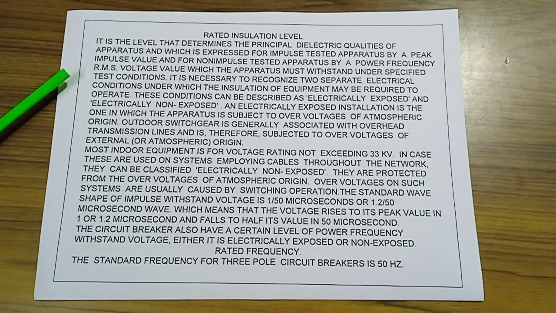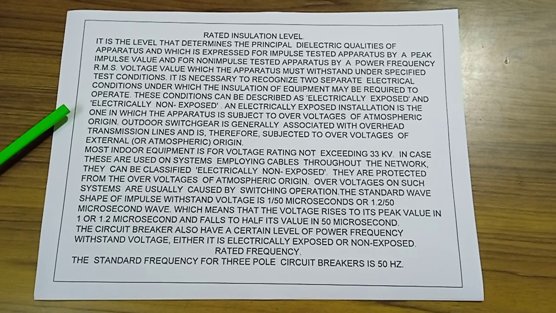It is necessary to recognize two separate electrical conditions under which the installation of equipment may be required to operate. These conditions can be described as electrically exposed and electrically non-exposed.